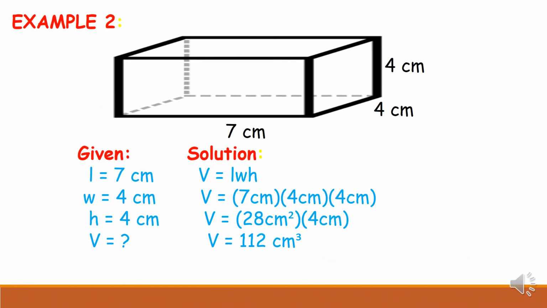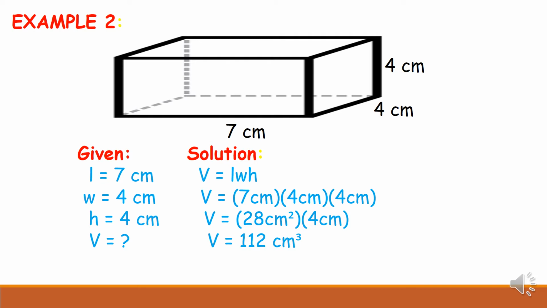Example number 2. We have here a rectangular prism. The length is 7 centimeters, the width is 4 centimeters, and the height is 4 centimeters. The volume is unknown. Solution: volume of a rectangular prism is equal to length times width times height.